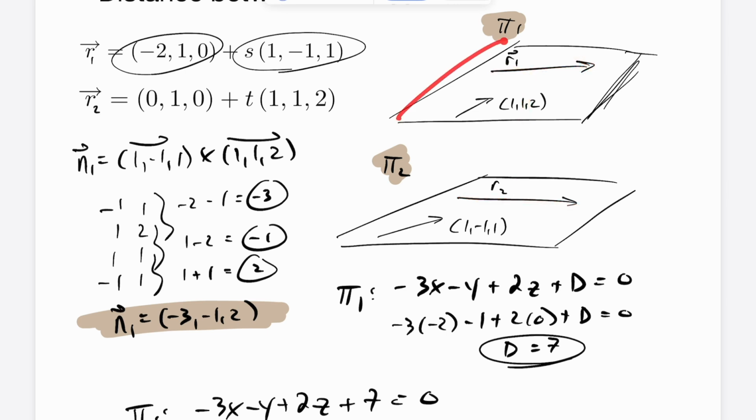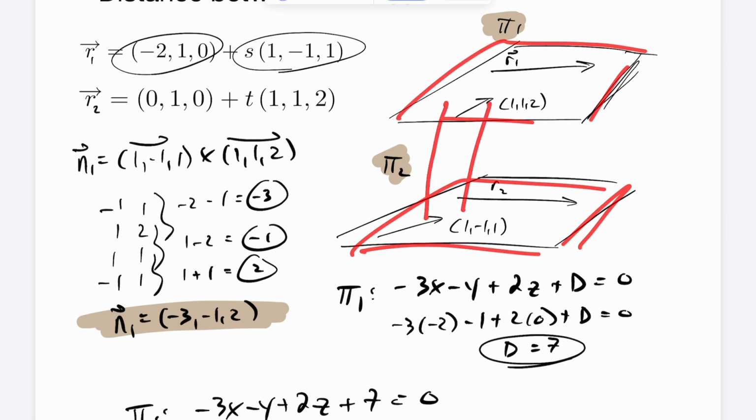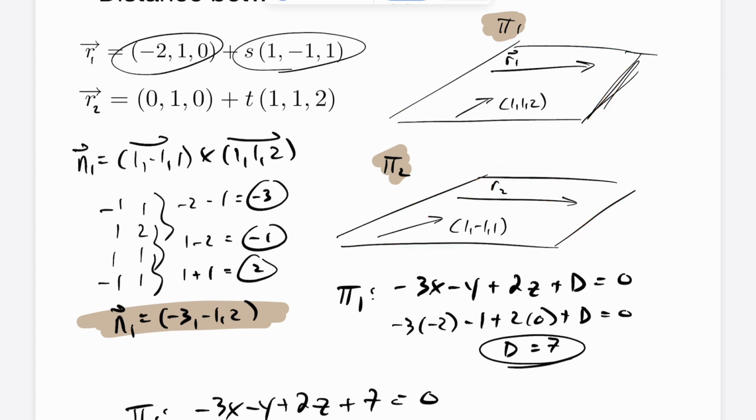What I did was I created two parallel planes, and the distance between any two parallel planes is the same. So any distance I find here, you're going to get all the same lengths. In particular, the distance between the skew line here and this skew line here will also be the same. So I've simplified the question to just find the distance between two parallel planes.